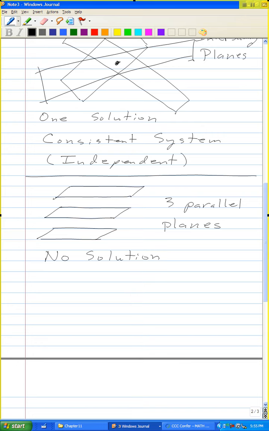So the number of solutions is 0. Okay. So this is called an inconsistent system. Again, well, it's independent.